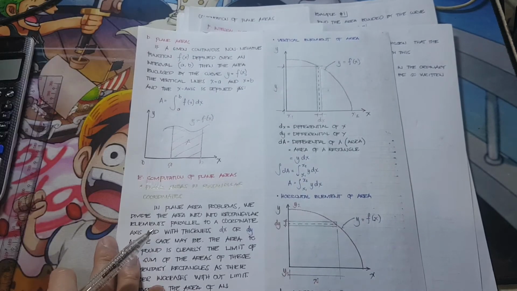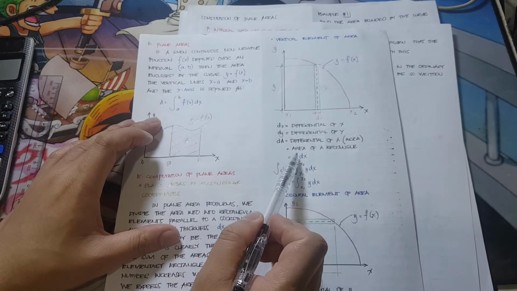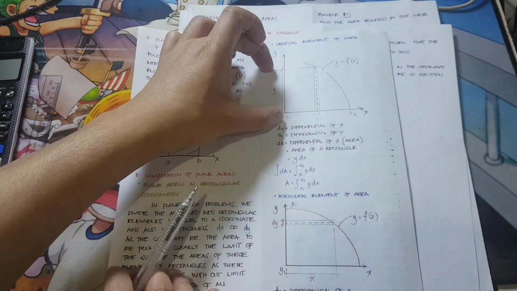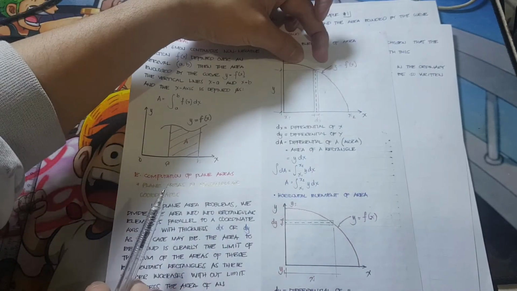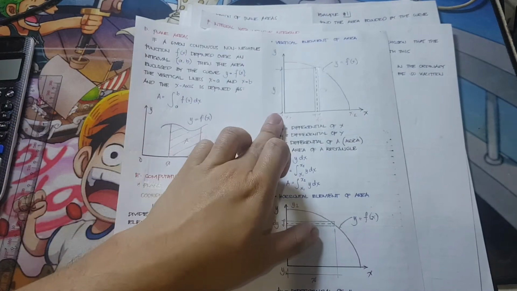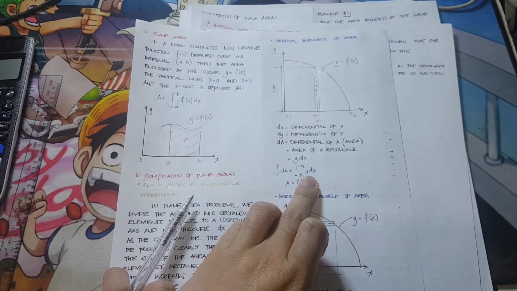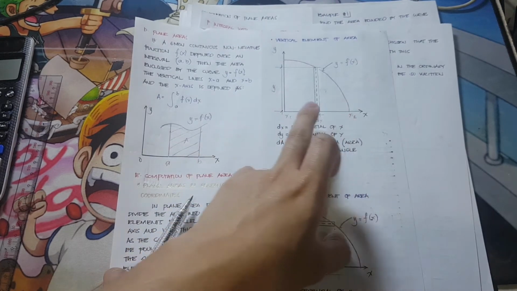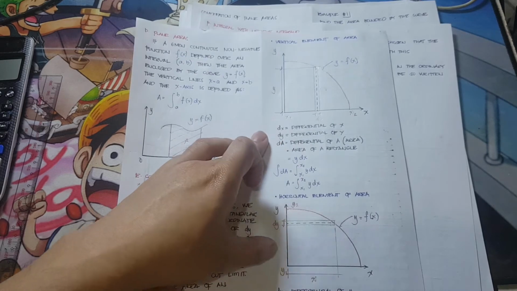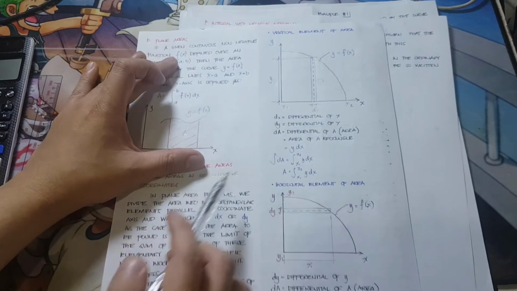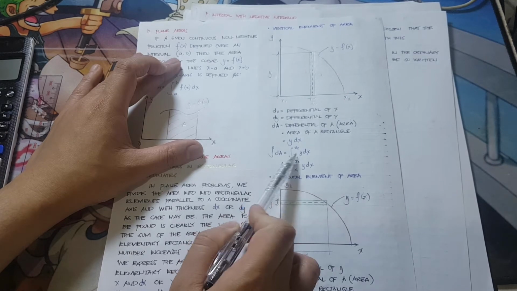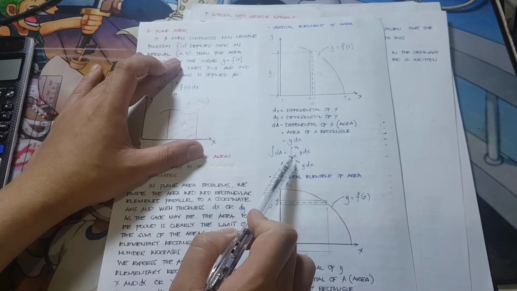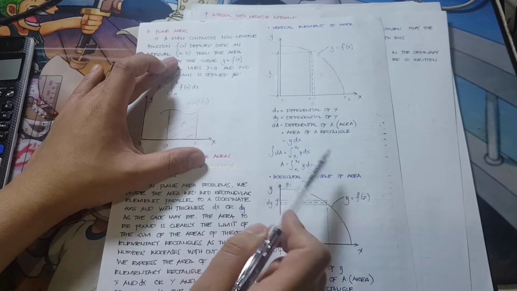So that is equivalent to y times dx, from x1 to x2. For the summation, it would be from x1 to x2, our lower limit and our upper limit. So the integral of dA is equivalent to the integral of y dx from x1 to x2.